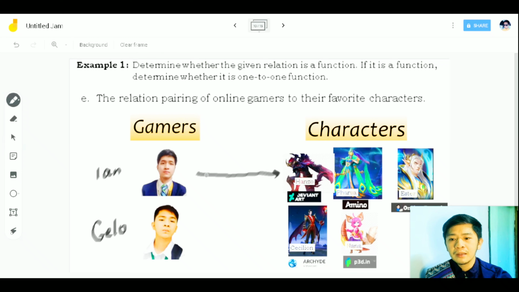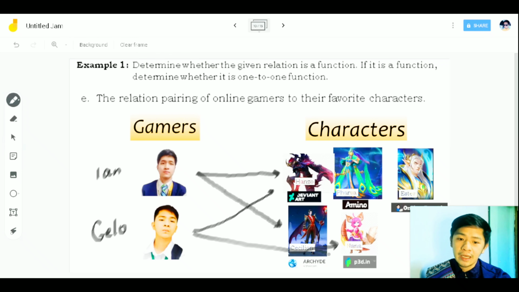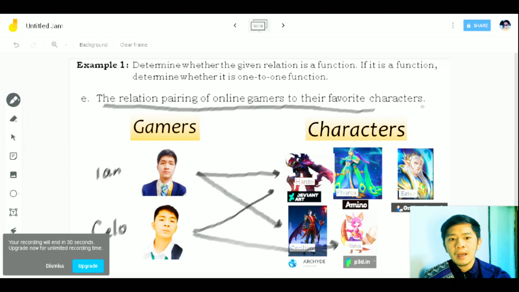So for example, the favorite characters of Ian are Hanzo and Cecilion. It is possible to happen na ang favorite ding character ni Jello ay si Hanzo o kaya at saka si Nana. So therefore, I can say that the relation pairing of online gamers to their favorite characters does not depict a one-to-one function. So, hindi ito one-to-one function.